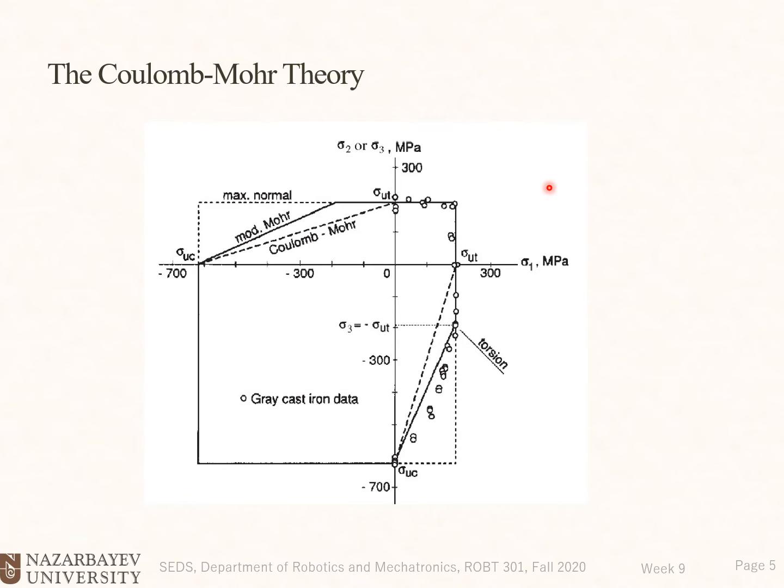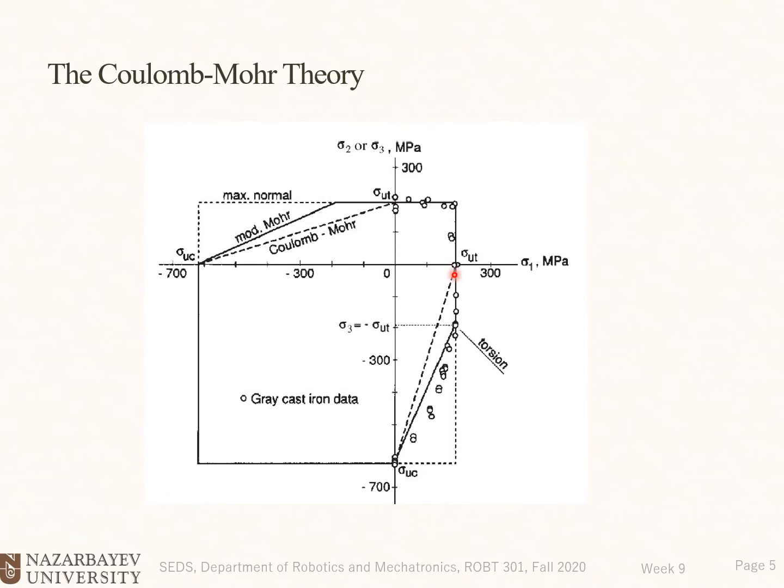Very similar, I could say, is the analogy between these two theories and the von Mises theory and maximum shear stress theory for ductile material. The maximum shear stress theory was more conservative than the von Mises theory, but the von Mises theory was more accurate. Okay?